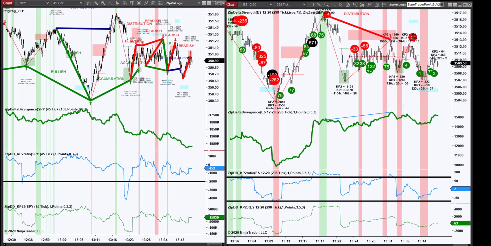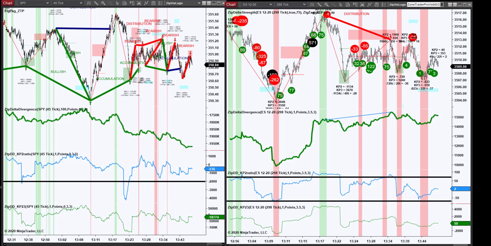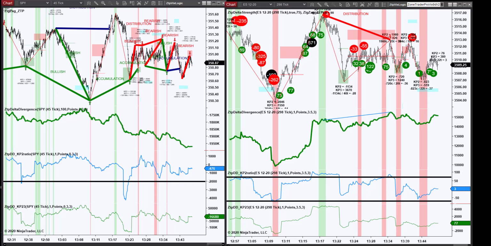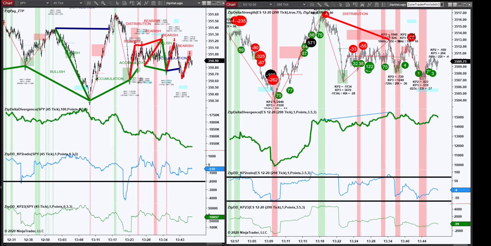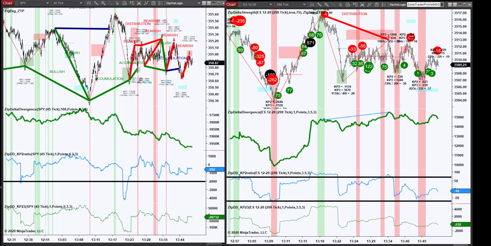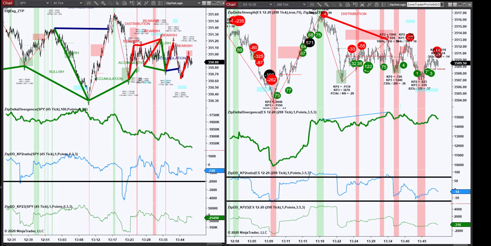You now see that we have another SPY divergence signal going into here. And we look at the Kp2 indicator, notice that it is rising. Notice the cumulative delta on the SPY.